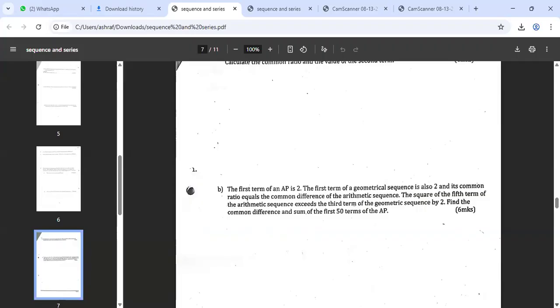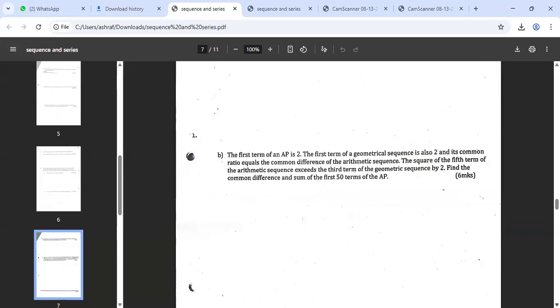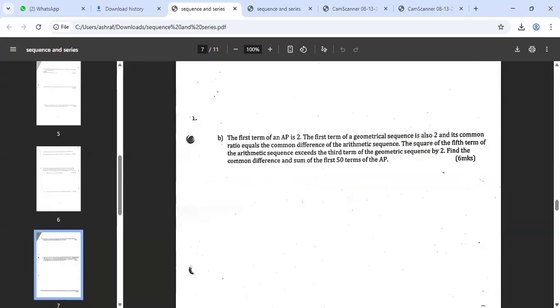The square of the fifth term of the arithmetic sequence exceeds the third term of the GP by 2. Find the common difference and the sum of the first 50 terms of the AP. Try it out before I share my working. Just write the AP, the GP, equate what you're supposed to equate, and then work out the value of D.